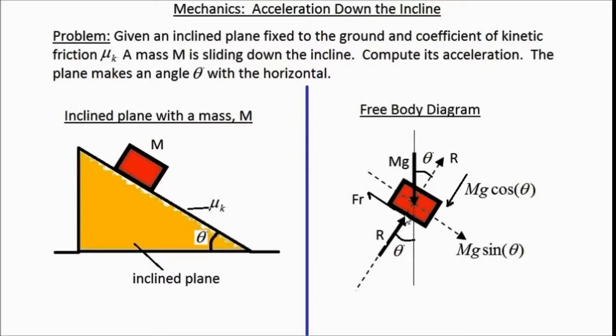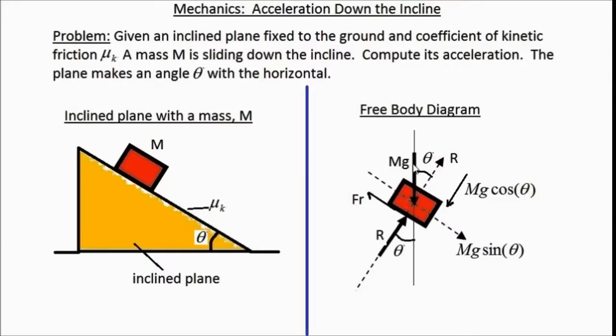We have shown the reaction force which is upward, perpendicular to the incline, and the mg force, the weight, which is acting downwards. There's another force: the frictional force is acting up the incline as the body itself is sliding down the incline.